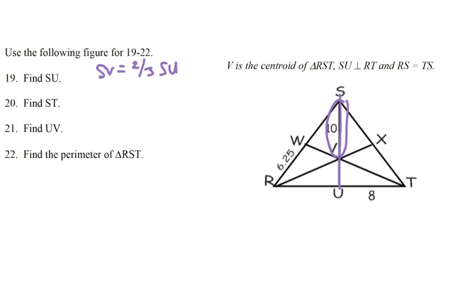We know SV is 10, so 10 equals 2/3 of SU. I'm going to multiply both sides by 3 to get rid of that denominator, and I get 30 equals 2SU. I'm going to divide by 2, and SU equals 15.